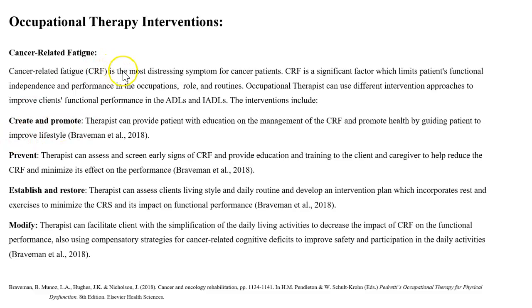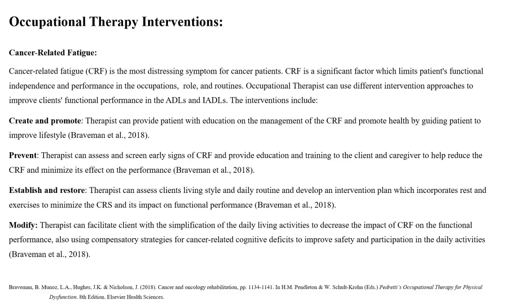As I mentioned, it's the most distressing symptom for cancer patients. CRF, cancer-related fatigue, is a significant factor which limits patient functional independence and performance in occupations, roles, and their routines. So occupational therapists can use different intervention approaches to improve clients' functional performance in ADLs and IADLs.